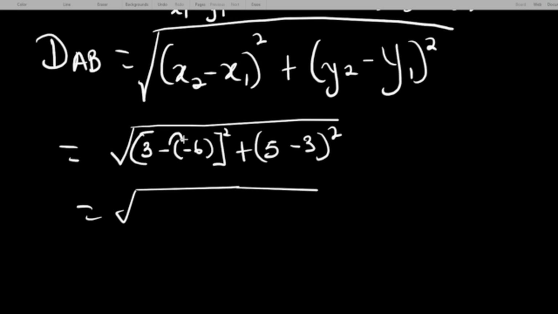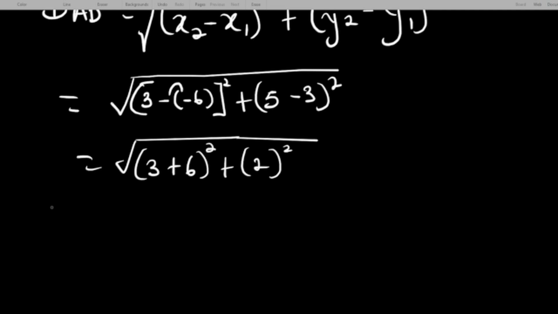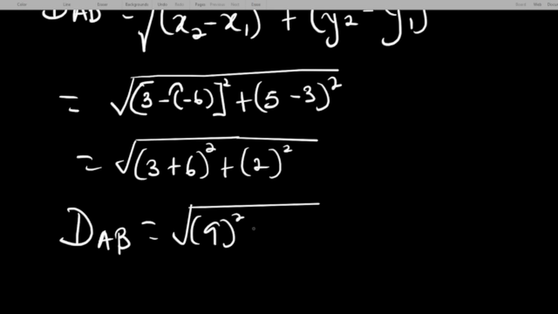So minus times minus gives us a plus, and that gives us 3 plus 6 all squared plus 5 minus 3 is 2, so this is 2 squared. Again, we have distance AB equals 3 plus 6 is 9 squared plus 2 squared. 3 plus 6 is 9 squared, and 2 squared is 4.